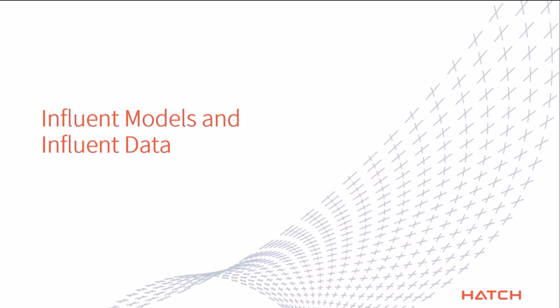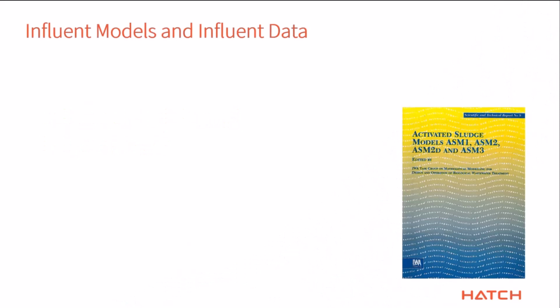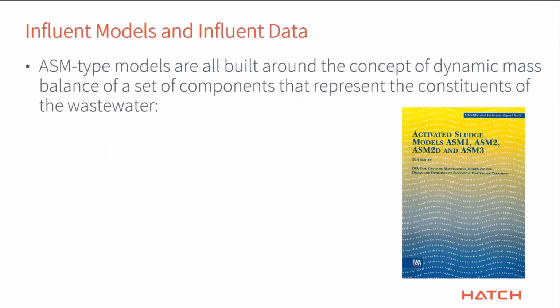Right. Okay. So let's talk a little bit about the influent models that we have. Those are the things that calculate what the model needs from the data that you have, and a little bit about the data itself. These ASM type models are really built around the concept of doing a dynamic mass balance of a set of components that represent the constituents of the wastewater.